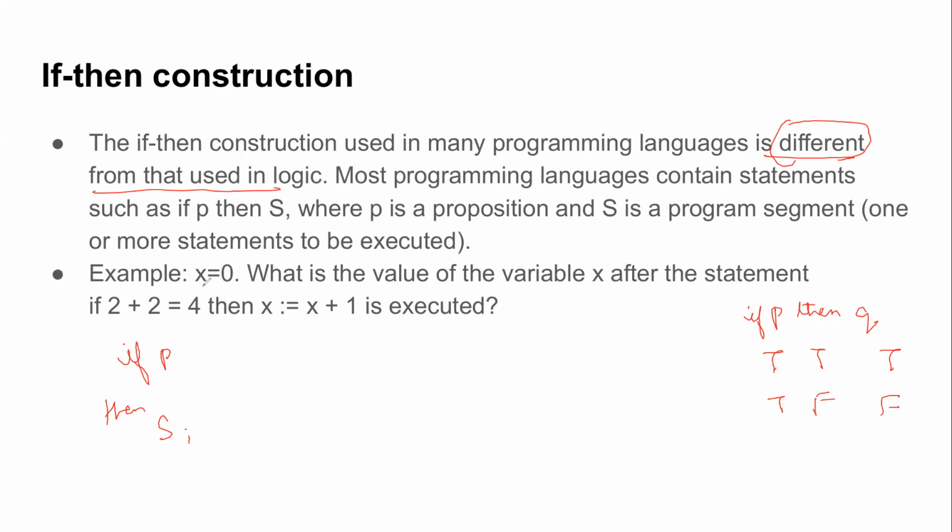If you recall the simple example, suppose I have a variable x equal to 0, and I execute this statement. What will happen? I'm talking about the context of programming languages. What will be the value of x?